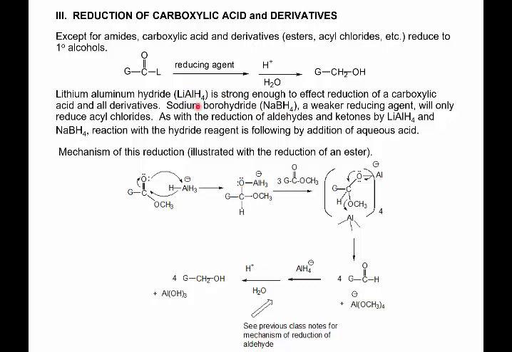In fact, it's so reactive you normally don't see it in an undergraduate chemistry lab because it has potential to catch fire. You have to be very careful with it. Now, lithium aluminum hydride is strong enough to affect reduction of a carboxylic acid and all derivatives, including an amide. The sodium borohydride, being less reactive, will only reduce acid chlorides.